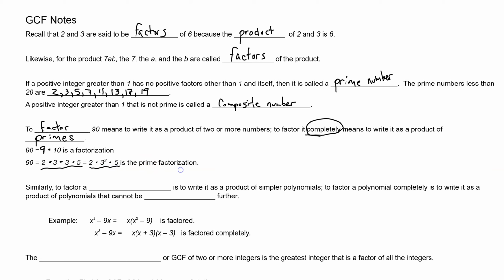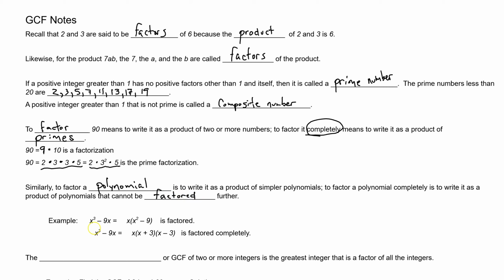Similarly, to factor a polynomial is to write it as a product of simpler polynomials. To factor a polynomial completely is to write it as a product of polynomials that cannot be factored further.